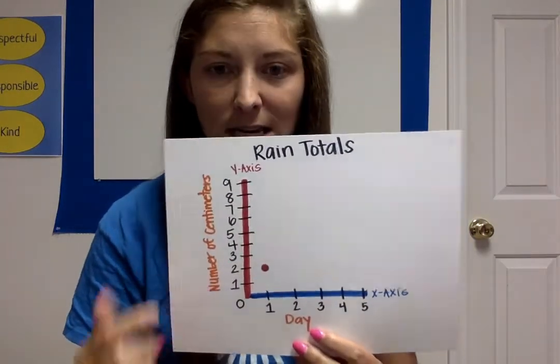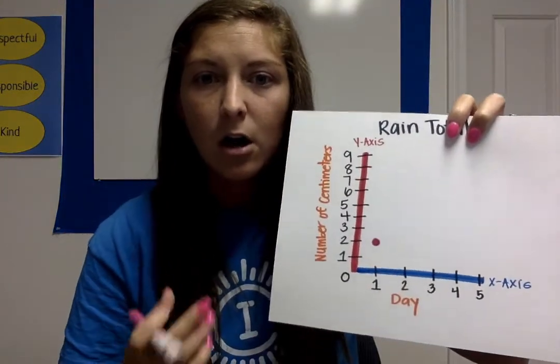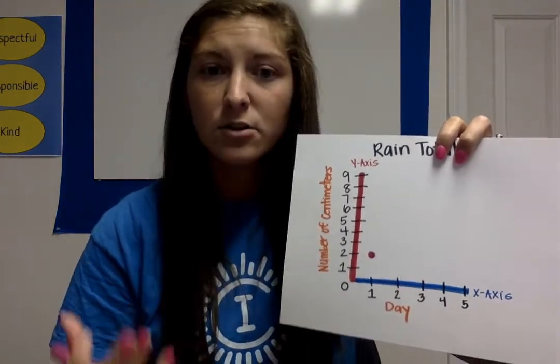So we can see that on day 1, they received 2 centimeters of rain. I'm going to finish plotting my points on here. And the points that you see that I'm going to be plotting in pink on here to match this one are going to be called data points. These are our data points. These are what we're looking at in order to tell us the day and the number of centimeters they received.